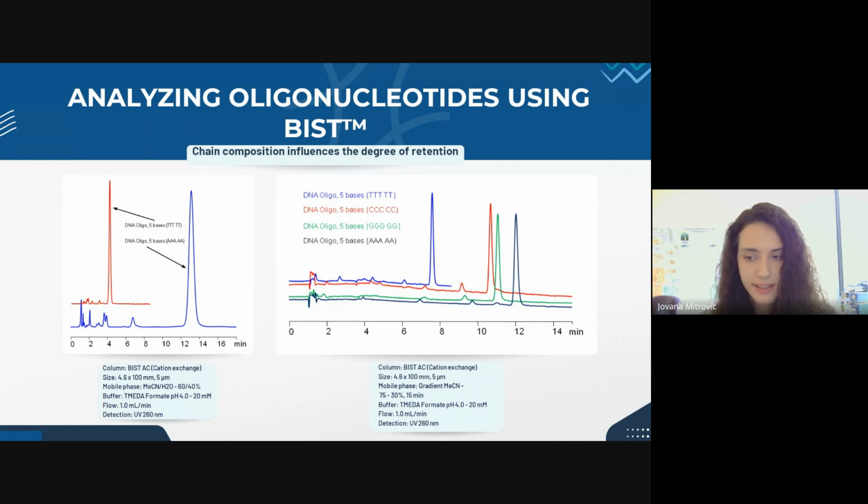In both cases, we are analyzing 5-mer oligonucleotides, which are short fragments of the same length and number of phosphate groups, meaning they have the same size and same amount of charges. However, we still observe different retention times. This is because chain composition also influences retention behavior.